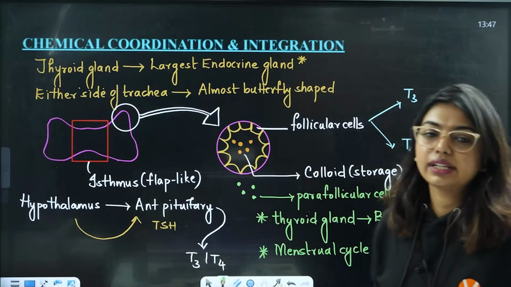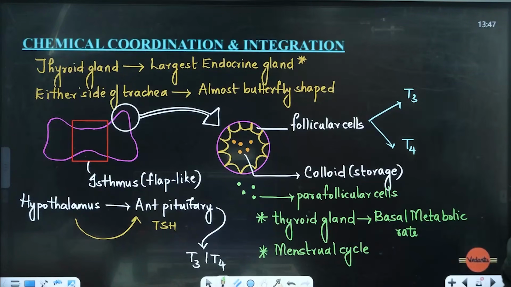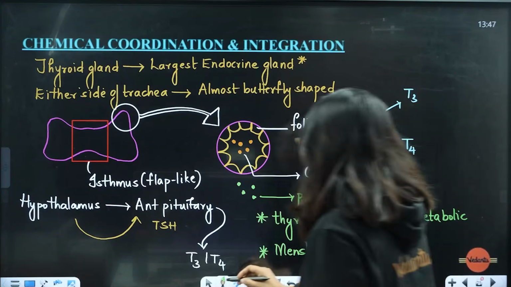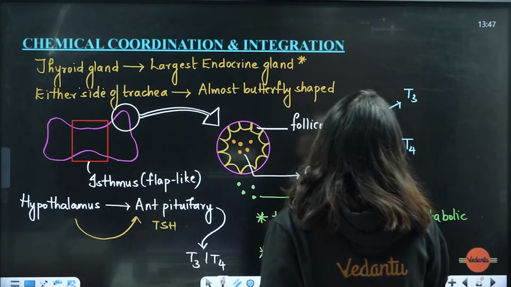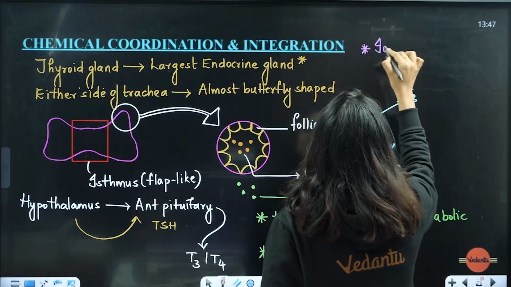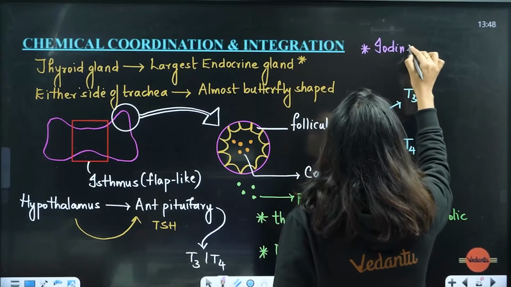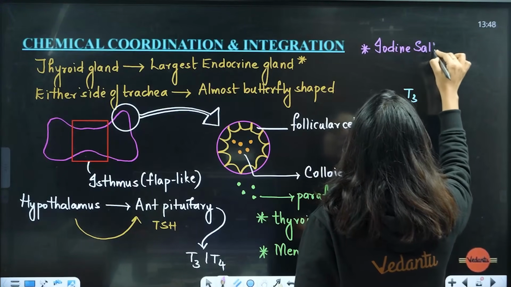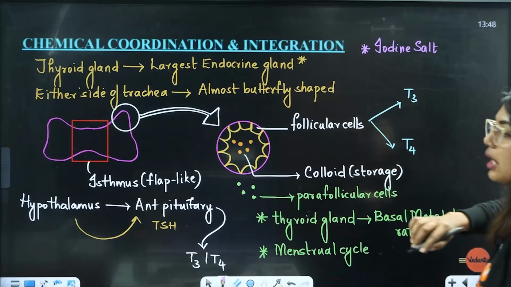So this is your entire thyroid, and this is the largest endocrine gland. Students, one more question that comes is, in India we give a lot of importance to iodine-containing salts. Not only in India, but everywhere, though iodine-containing salt is used mostly in India. Why?